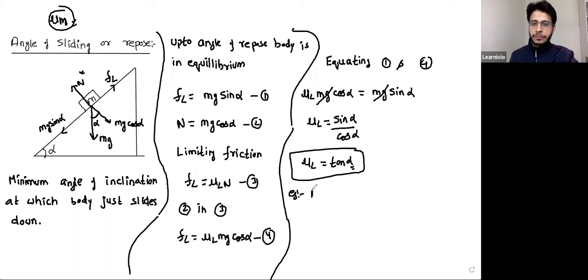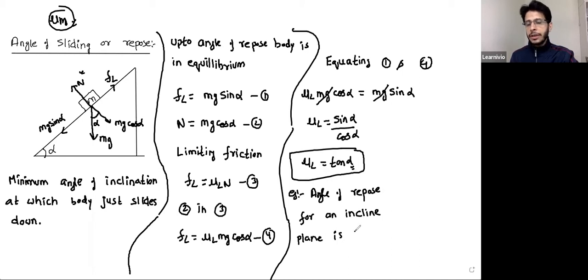For example, for an inclined plane, angle of repose is, say, 45 degree, not 45 degree. Let's say 30 degree. Calculate coefficient of friction.